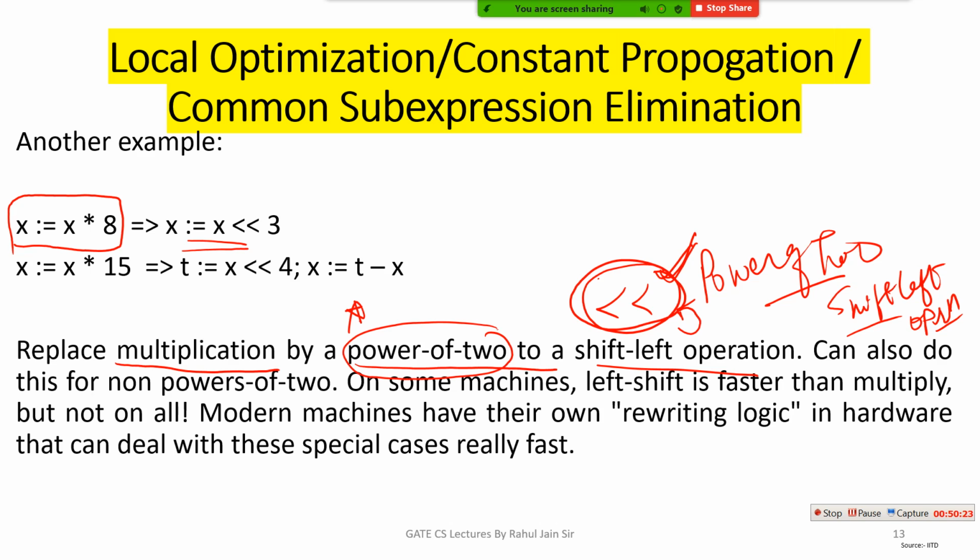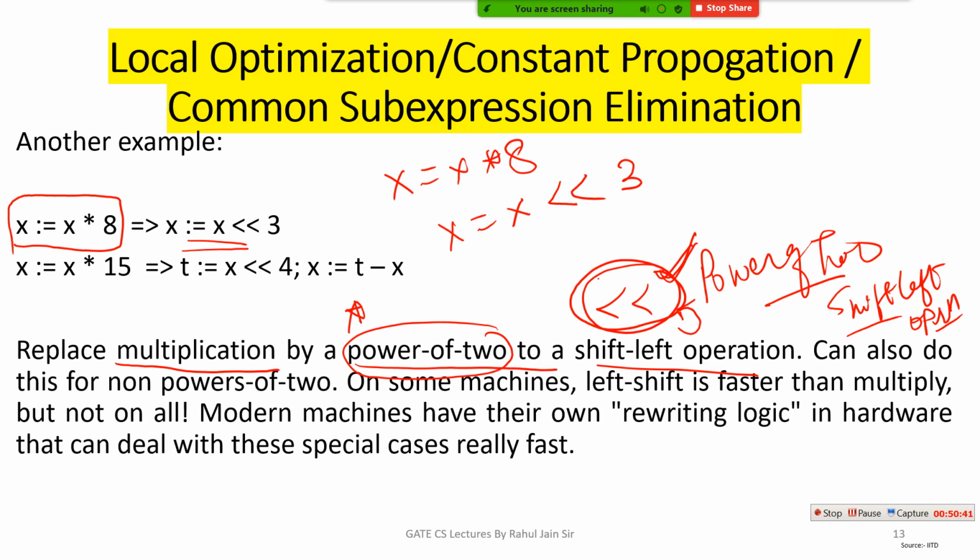It is called a power of 2 shift left operation. So x equals x into 8 we can rewrite as x equals x shift left operation, power of 2 and 3.